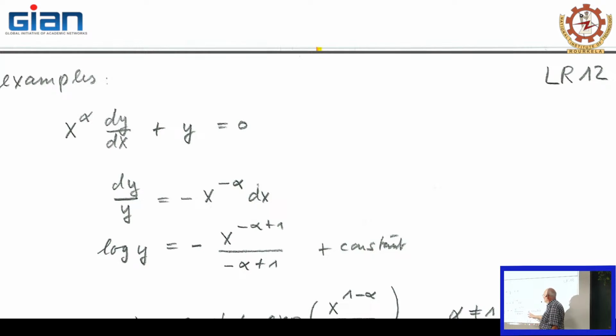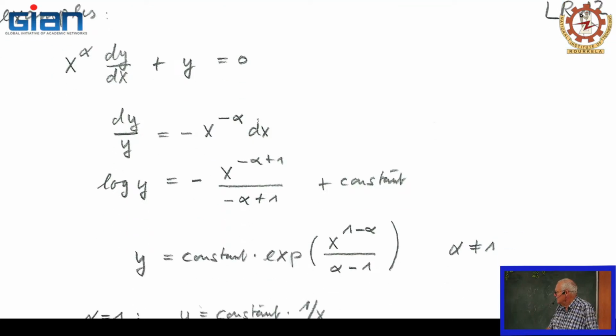So bring the y variables to the left hand side and all the x variables to the right hand side. We have dy over y is minus x to power minus alpha times dx. Integrated, the left hand side will give a log y, the right hand side gives x to minus alpha plus 1 divided by minus alpha plus 1. Okay, then take the exponential and we have the solution.